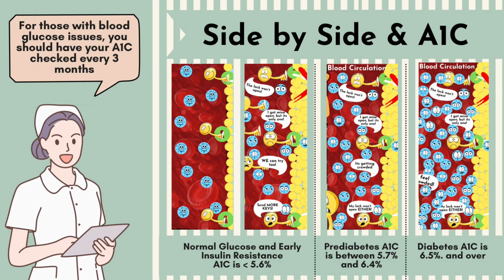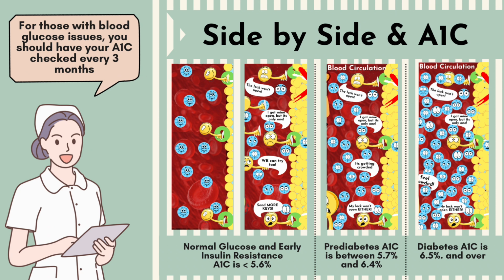So this slide just has a quick little side-by-side for understanding those A1C numbers. In the first two here on the left, what you can see is that, in insulin resistance, we've got a few too many keys roaming around, but ultimately the job of keeping these blue guys in check is working. The blue guys are not getting overcrowded.